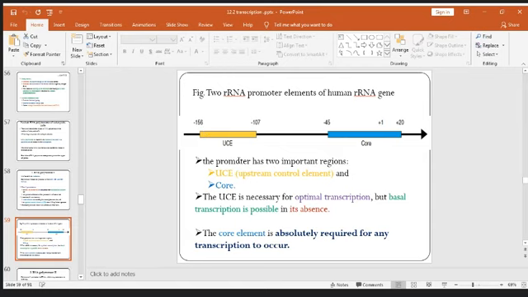So the promoter has two important regions as you can see on the diagram, the upstream control element region and the core region. The upstream control element is necessary for optimal transcription process. It can be used to control, but not for basal transcription. It cannot control the basal transcription process.